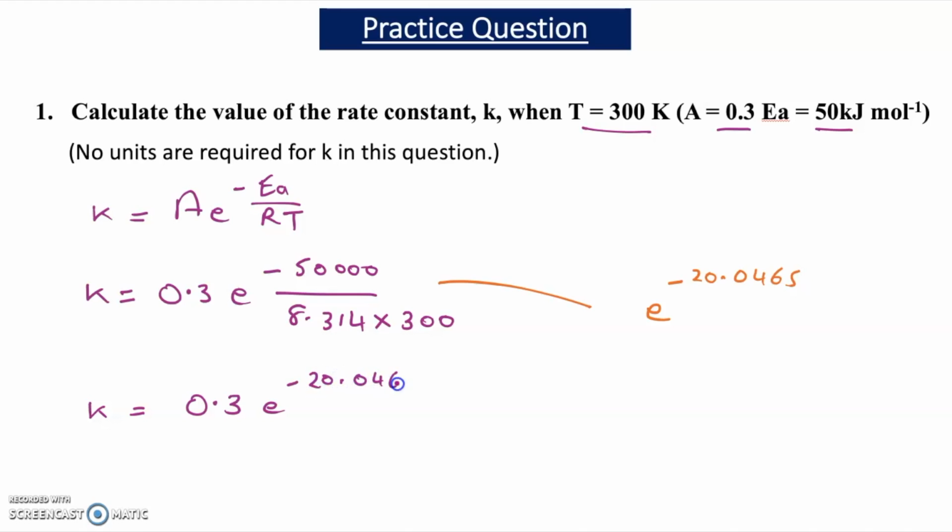We have k is equal to 0.3 times e to the minus 20.0465, and this will be equal to 5.9025 times 10 to the minus 10. And you don't have to put units here because the question says no units are required for k in this question.